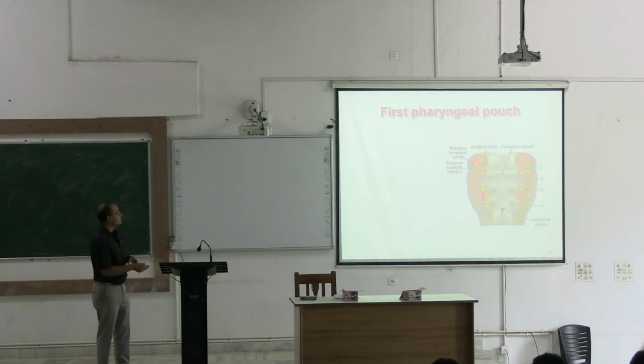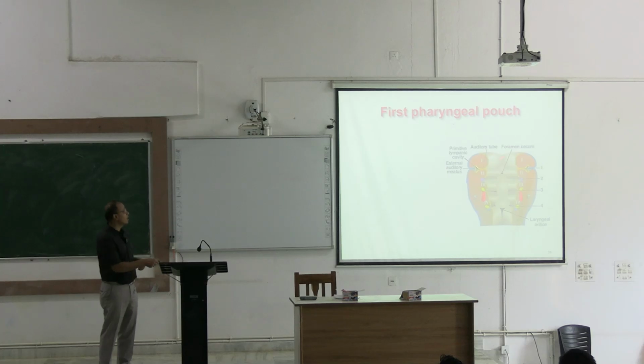This area that you are seeing here, marked in yellow, is the first pharyngeal pouch. If you see it extended, the distal part is expanded, and the proximal part looks like a tube. The distended distal part creates the middle ear cavity, and the tube connects the middle ear to the mouth or pharyngeal cavity.